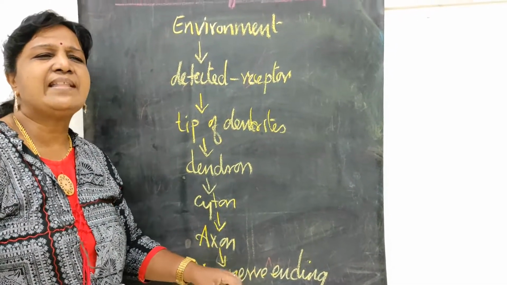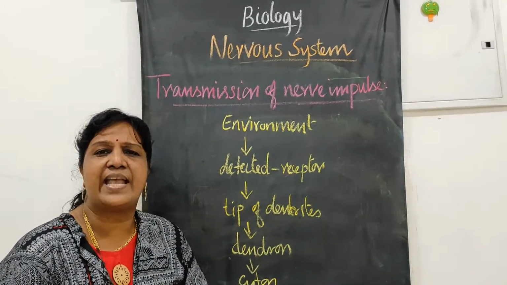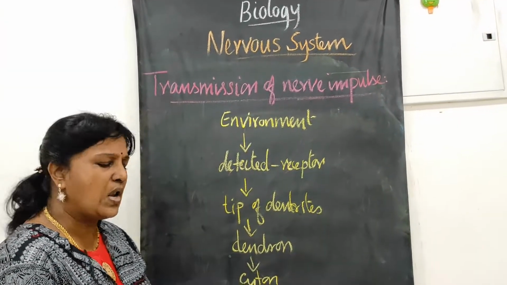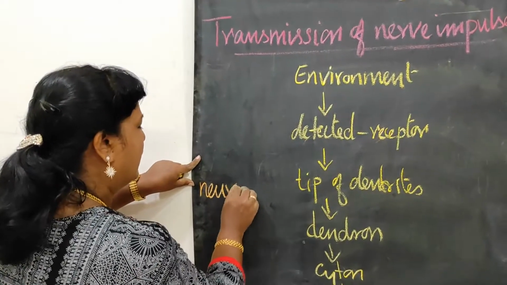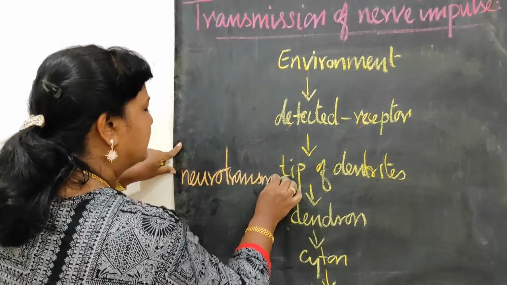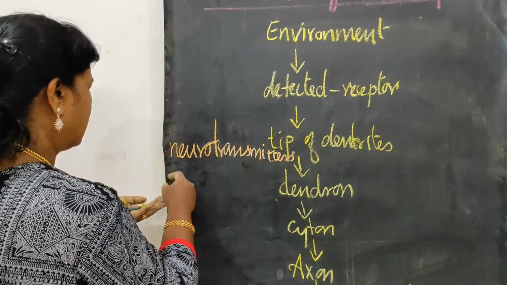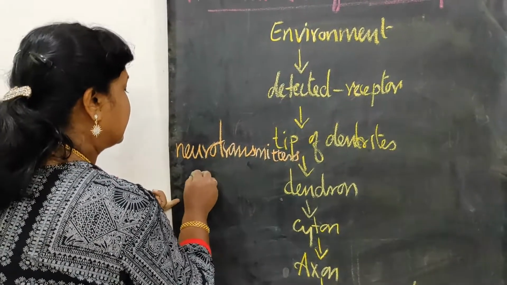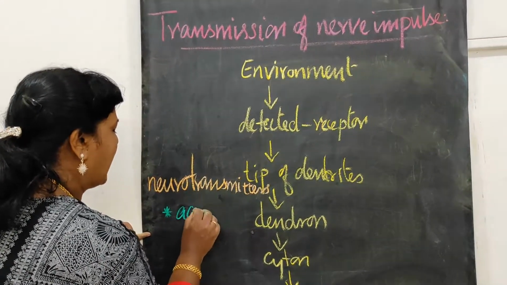On reaching the axon terminal, it causes the nerve endings to release a chemical substance called neurotransmitters. These neurotransmitters form a chemical called acetylcholine.